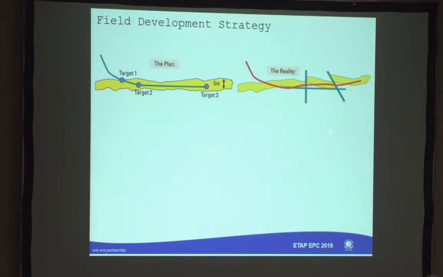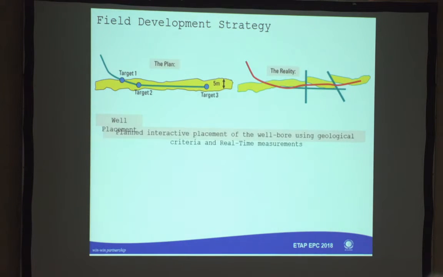In some cases we have to cross faults that lift the reservoir up or take it down, so we have to find a solution to interactively adjust our trajectory in real time to always stay inside the reservoir. This is called well placement, or in the industry, geosteering. If we want to define it, it's the planned interactive placement of the wellbore using geological criteria and real-time measurements.